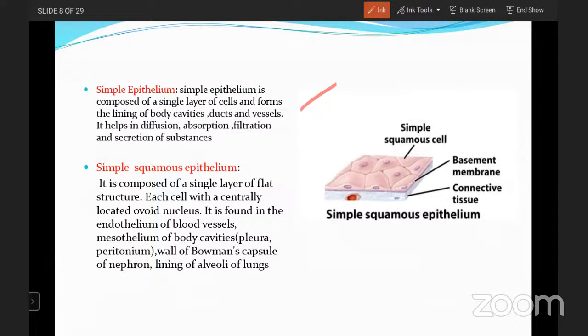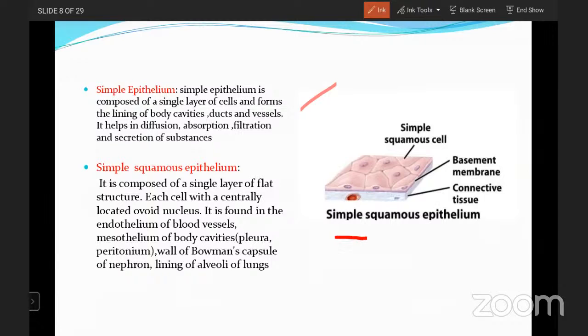And it helps in the diffusion, absorption, filtration, and secretion of substances. Due to its structure, which has only one layer, it is useful in the diffusion process, absorption process, and filtration and secretion of substances.